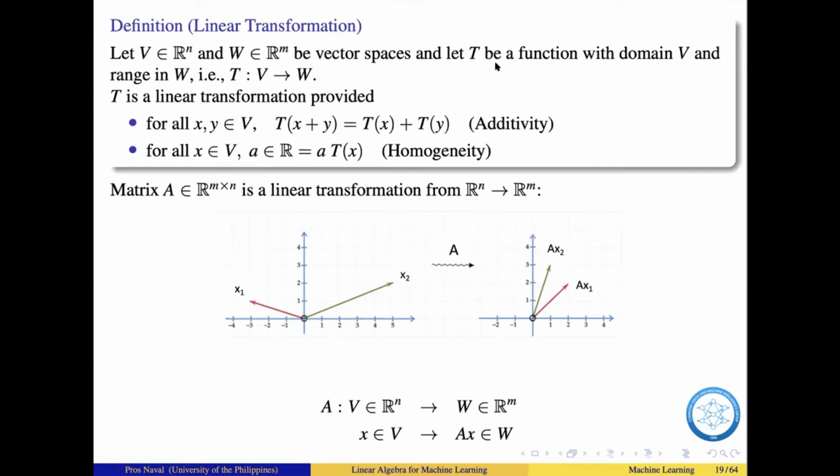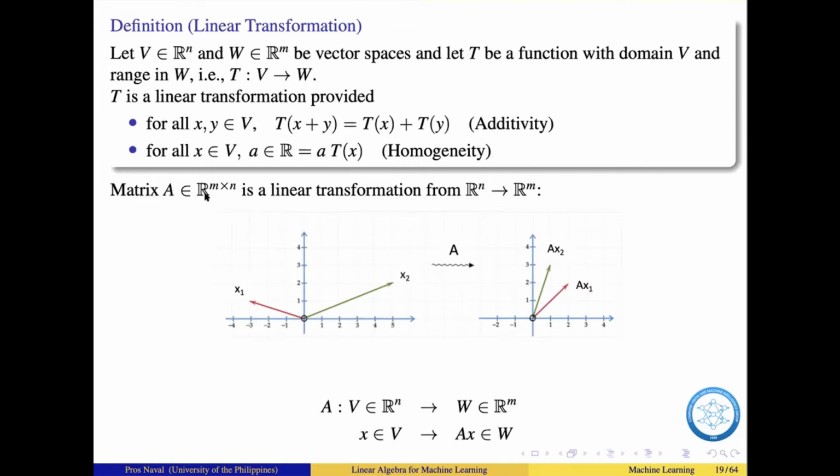And let T be a function with domain V and range in W. We have this notation: T is the transformation that maps from your domain into your range. So T is a linear transformation provided that two conditions are satisfied: the additivity condition and the homogeneity condition.